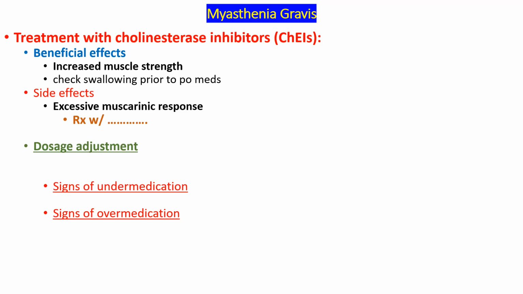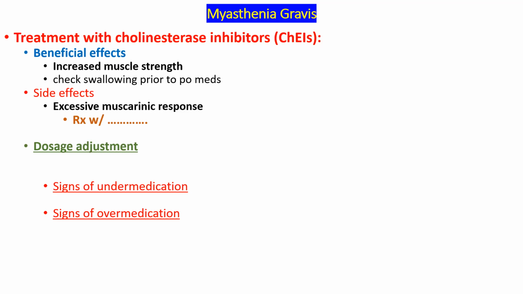For dosage adjustment, we start at a small dosage and adjust to patient response. We need to modify the dosage in anticipation of exertion, like eating, shopping, talking on the phone, ambulation, any activity or anticipated exertion.